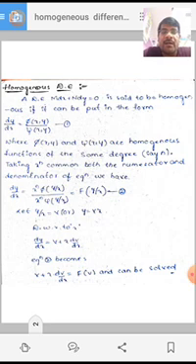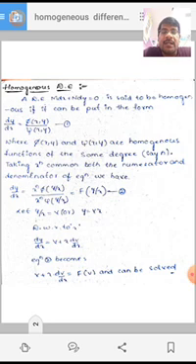Taking x power n common to both the numerator and denominator of the equation, we have dy by dx is equal to x power n phi of y by x divided by x power n psi of y by x, which is equal to f of y by x. A homogeneous differential equation we can write in the form dy by dx is equal to f of y by x. We have to take y by x is equal to v, therefore y is equal to vx.